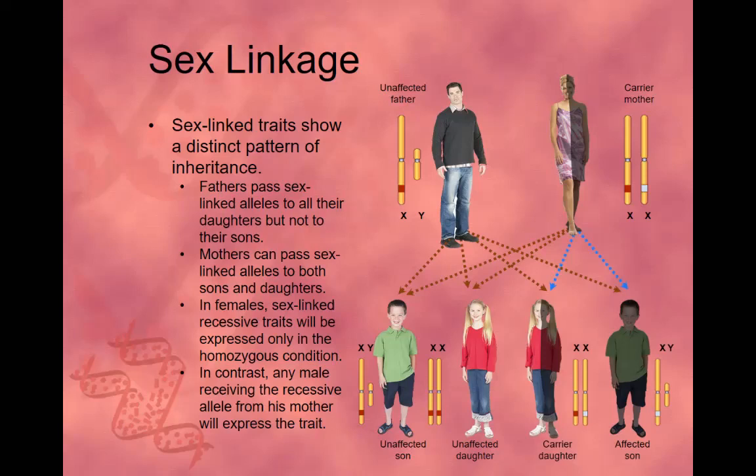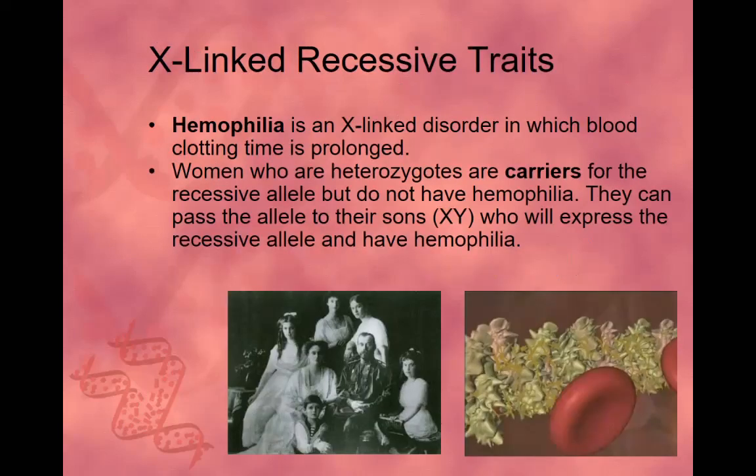So this is an important thing to keep in mind. This is how things like hemophilia get passed on. What is hemophilia, you ask? It's an X-linked disorder in which blood clotting time is prolonged. Okay? It's famous because there was a whole line of people in many of the European royal families, because there was so much inbreeding, that had hemophilia.